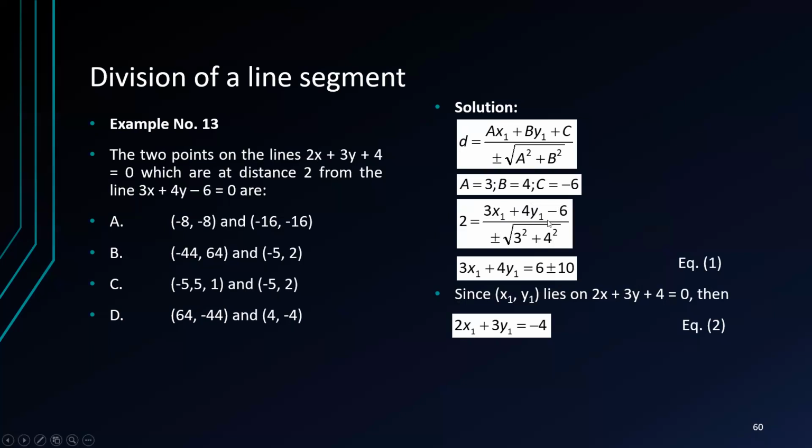So, 3x1 plus 4y1 minus 6 over plus or minus the square root of 3 squared plus 4 squared. Kasi absolute to, di ba? Pag absolute mo, tumatawag ng plus or minus. This is 3x1 plus 4y1 is equal to 6 plus or minus 10. So, since x1, y1 lies on 2x plus 3y plus 4, then 2x1 plus 3y1 is negative 4.